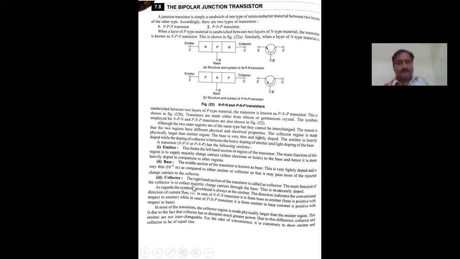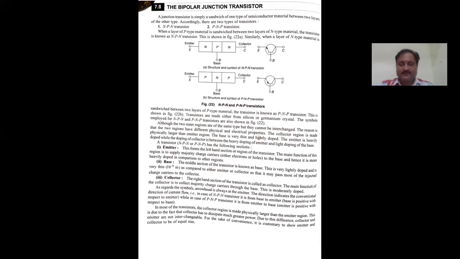The collector is the right hand section of a transistor, and it is moderately doped. Depending upon the doping, the depletion layer will break. Are you aware of the depletion layer, breakdown, and breakover voltage?